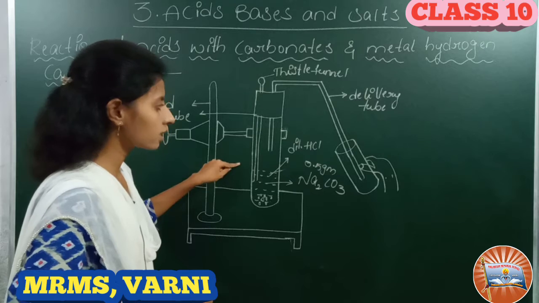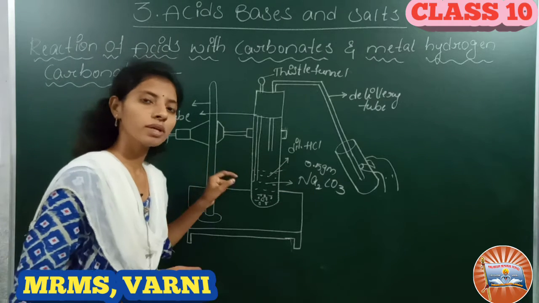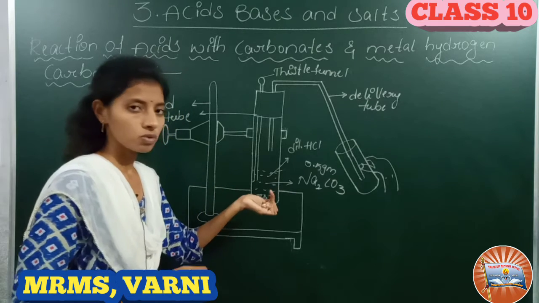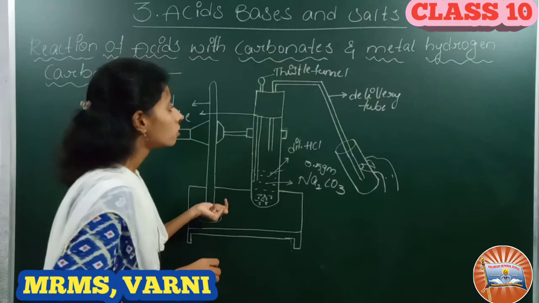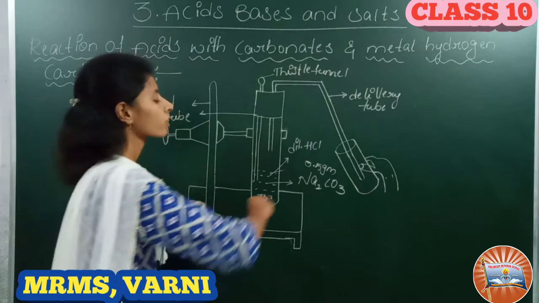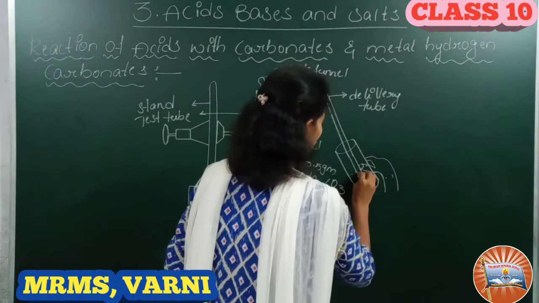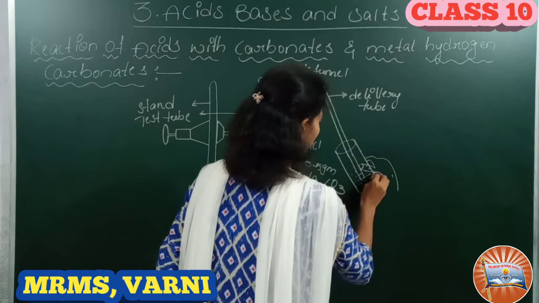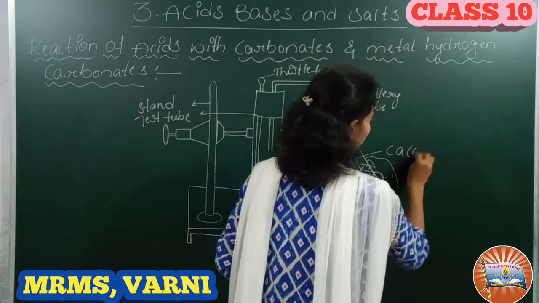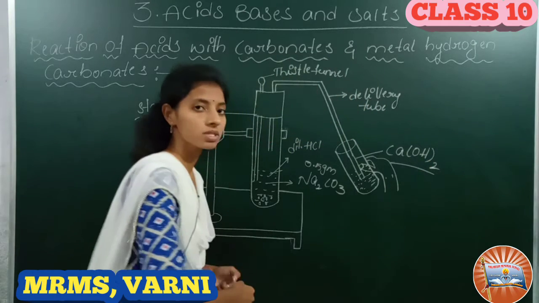So when an acid is mixed with a metal carbonate, at that time the gas will be released. So to not let the gas go out, here we are using the thistle funnel, and in this test tube we need to take the lime water. Okay. So in this we are taking lime water, nothing but calcium hydroxide.